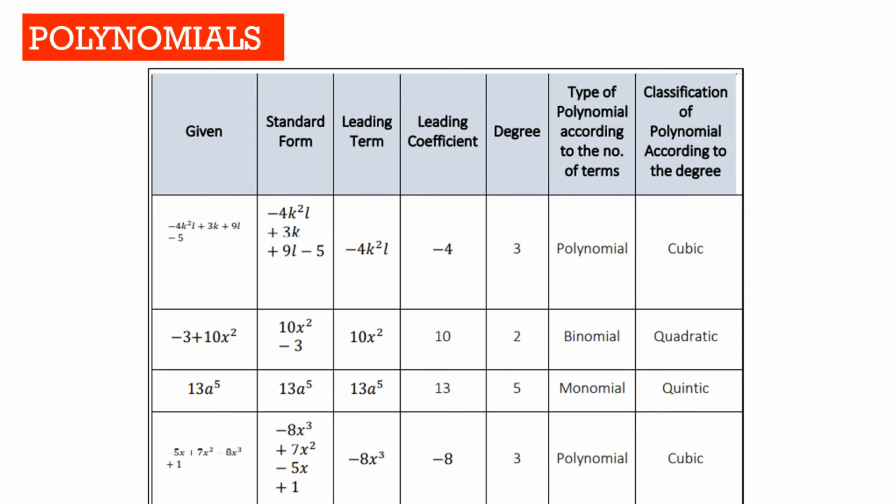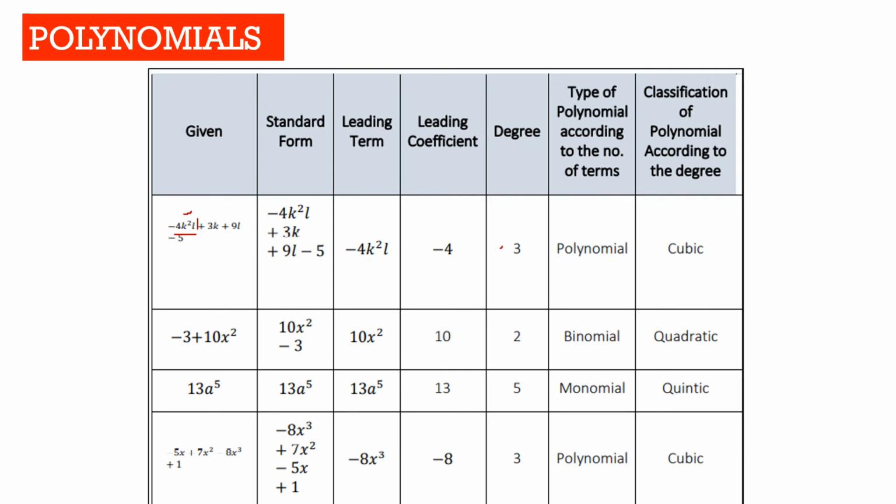degree. For the first example, we have the expression negative 4k squared L plus 3k plus 9L minus 5. The degree of the first term is 3 because we have 4k squared L, adding 2 and 1, which is the exponent of L. 2 plus 1 is equal to 3.